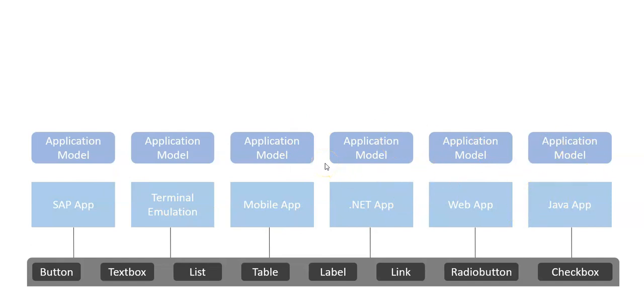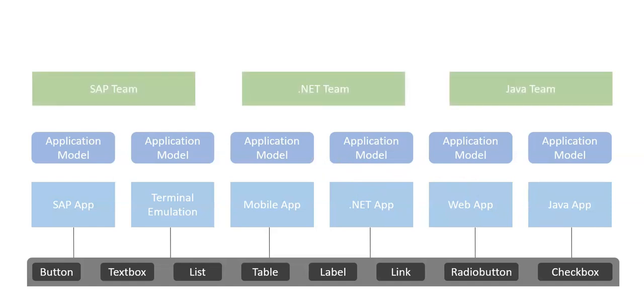So who is now working with those application models? These are the different teams. You have a team for SAP, maybe a team for .NET, for web, for mobile, for Java, or you define the teams more organized by their automation capabilities, which are shared resources. However, you can build the application models per app, per module of the app, per functional side of the modules, and these teams can then reuse them.